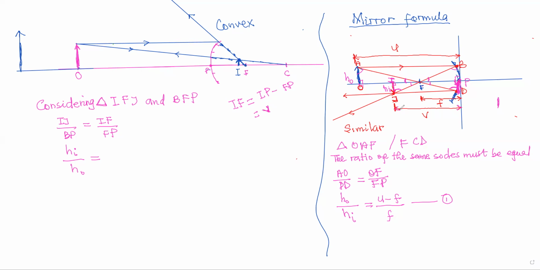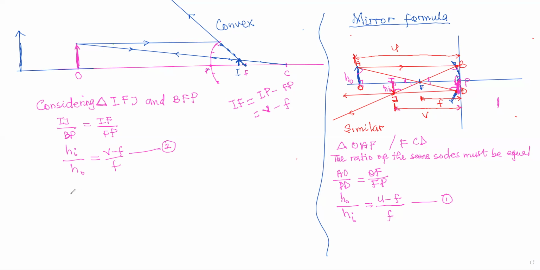Class, are you with me? Yes, sir. Minus, what is FP? That's F. So IF is actually V minus F, divided by F. And this is equation 2.